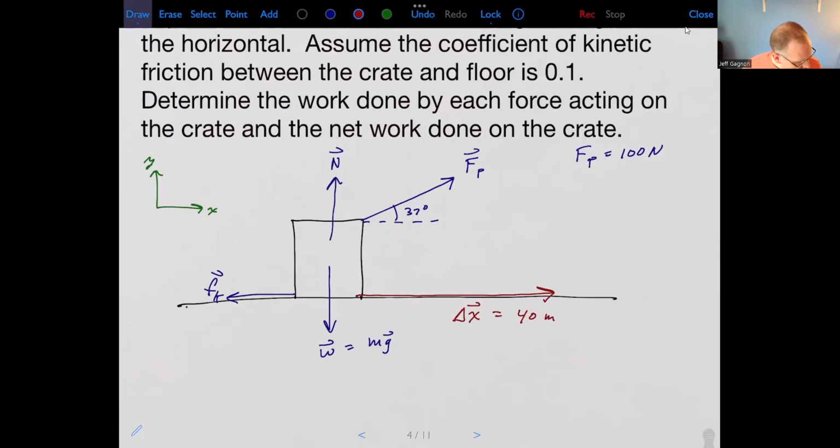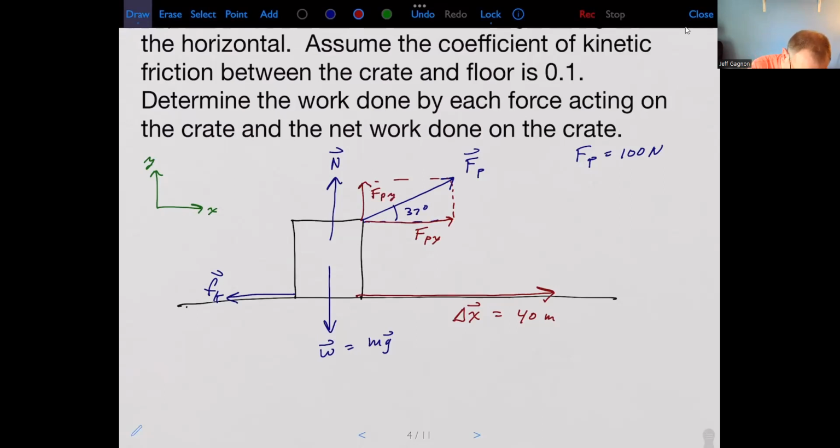Probably what I want to do first, since I have my coordinate system, is find the components of FP. Let me find the x component of this applied force, FPX, and then the y component, FPY.